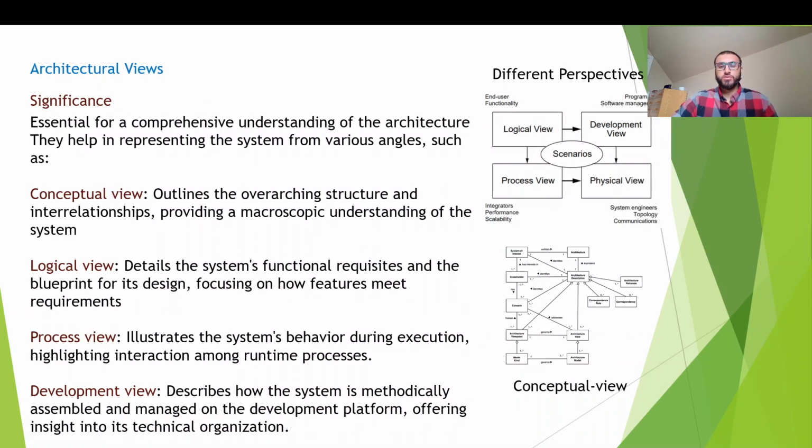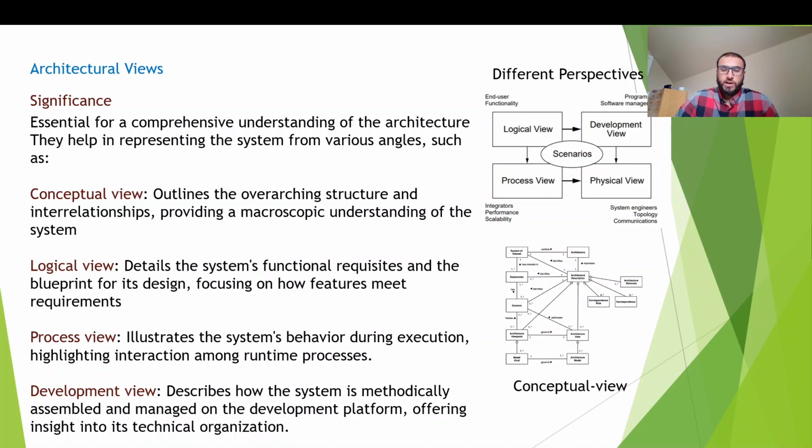The next part in architecture is the different views that can take place, and this is particularly important because it gives you a comprehensive understanding of the architecture and allows you to look at the architecture from different perspectives. One of these perspectives is the conceptual view, which looks at the architecture from a very high level, understanding each component as its own block and how they correlate with each other and what information they share.